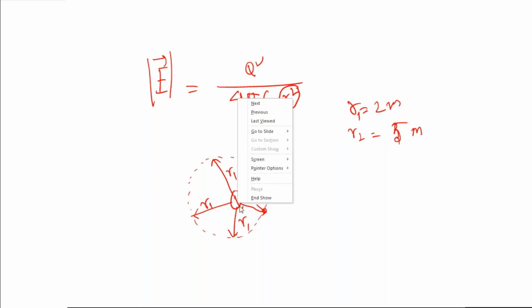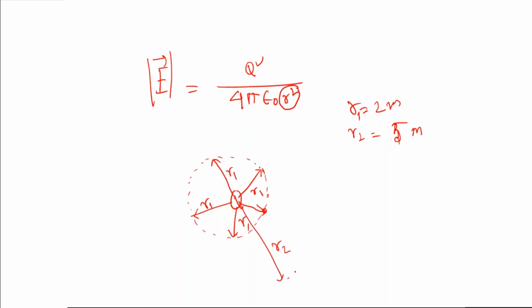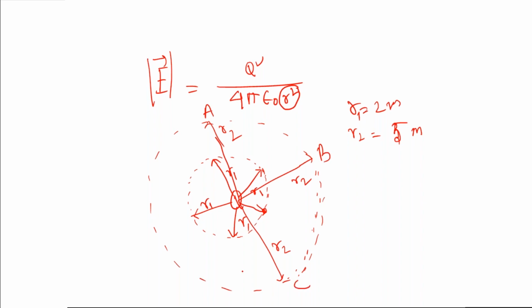So if I take another sphere of radius 5 meter, that is R2 suppose, somewhat like this. So this R2 distance from center, this is also R2, this is also R2.